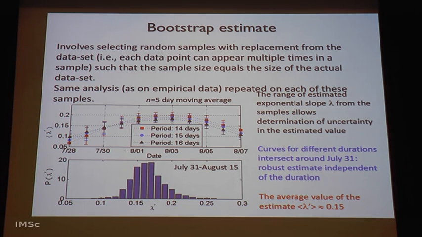So this is also our bootstrap estimate, and here also we get approximately 0.15. And this is one distribution, the bootstrap estimation distribution of the lambda value for July 31 to August 15th.